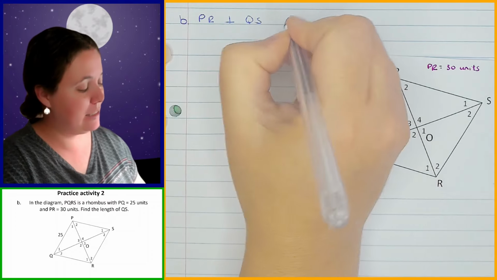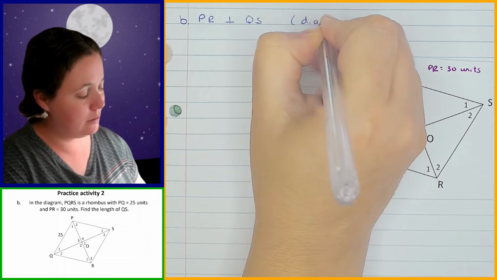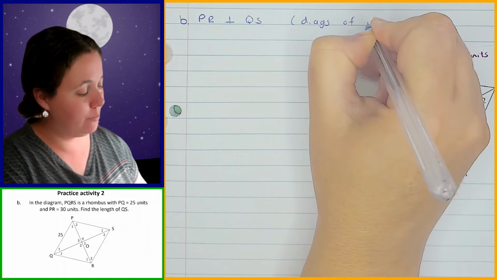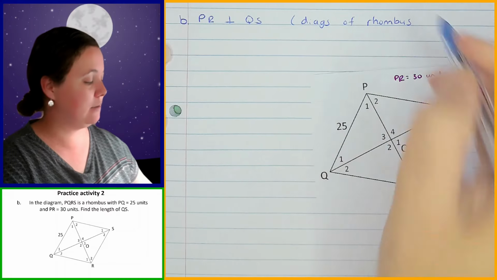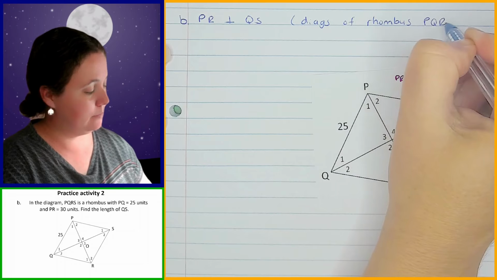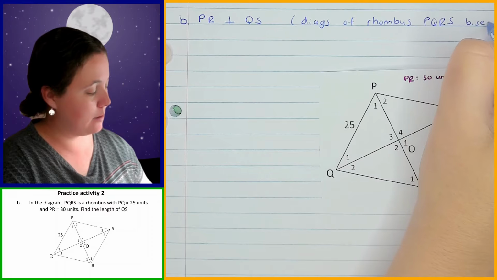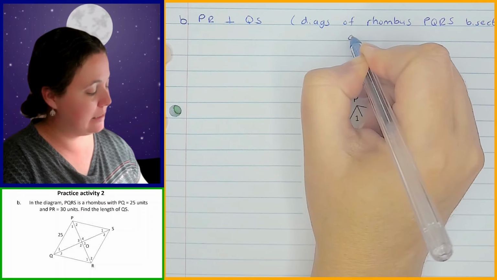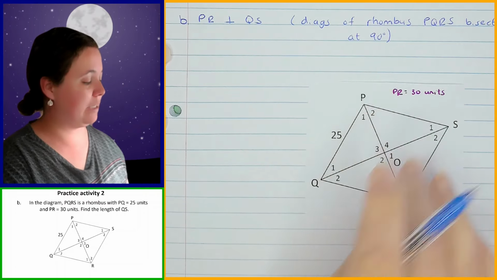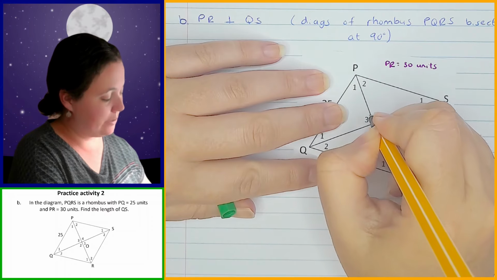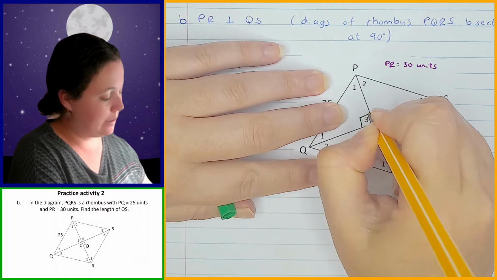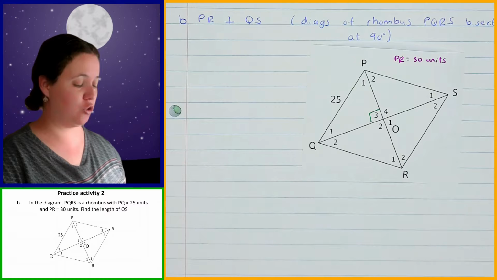And the reason I know that is because the diagonals of a rhombus, in this case rhombus PQRS, bisect at 90 degrees. Okay, so now I know that this is 90 degrees over here, because they are perpendicular to each other.